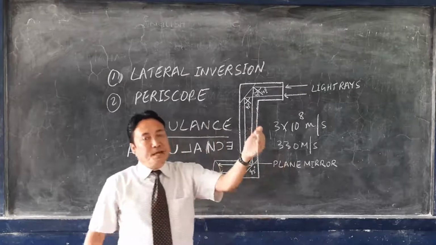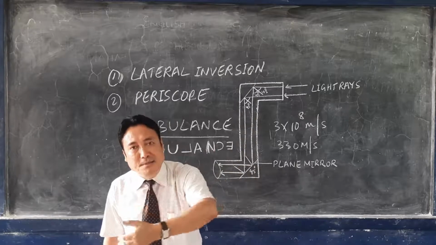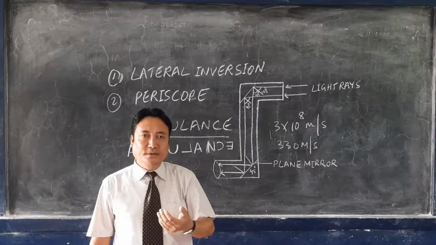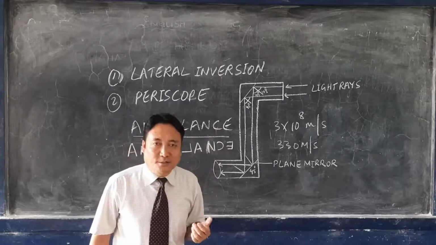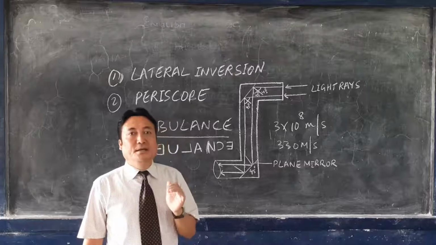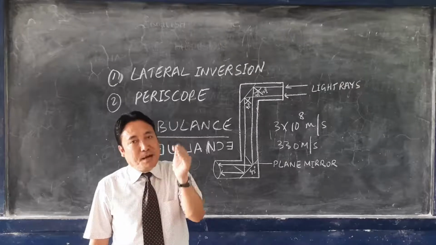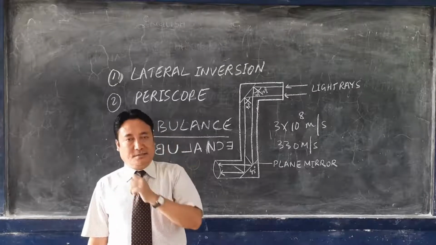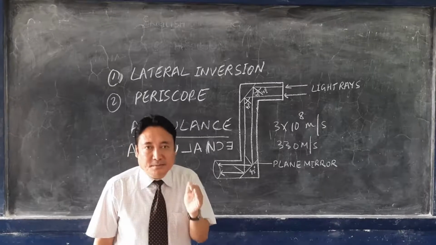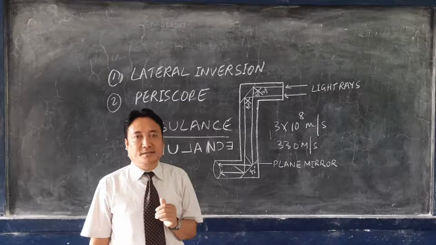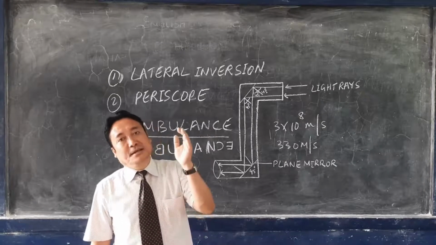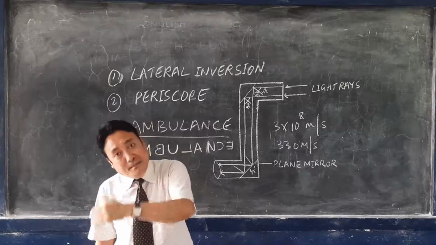But when light passes from air to another medium, that is water or glass or diamond, in air or vacuum the speed of light is always 3 into 10 to the power 8 meters per second. But when that light passes from air to glass or air to water, the speed of light becomes less.